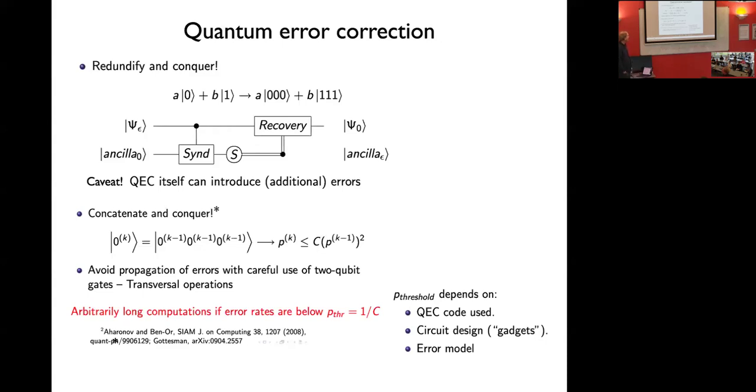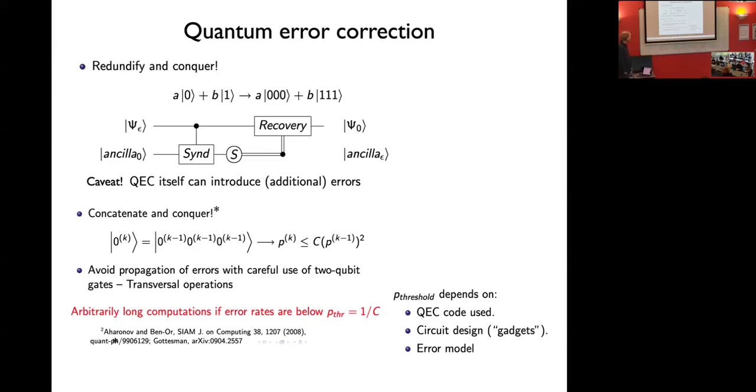And so the general strategy is to redundify. Just for a classical redundancy code, the quantum state a|0> plus b|1> can get redundified to a|000> plus b|111>. And then you can introduce some ancilla that you prepared in fiducial zero states, measure a syndrome, and perform a correction.